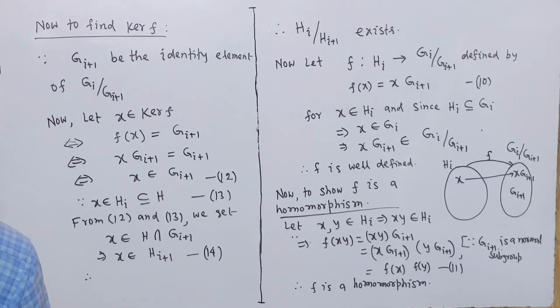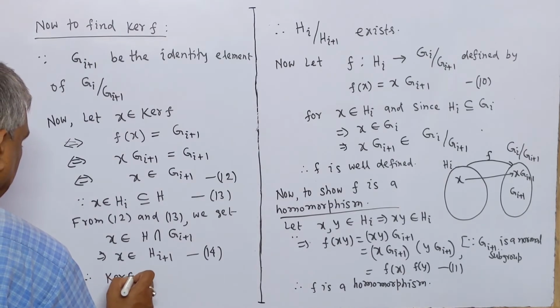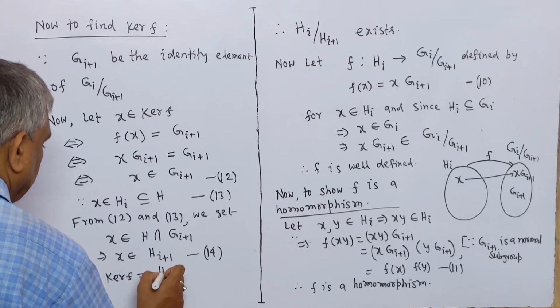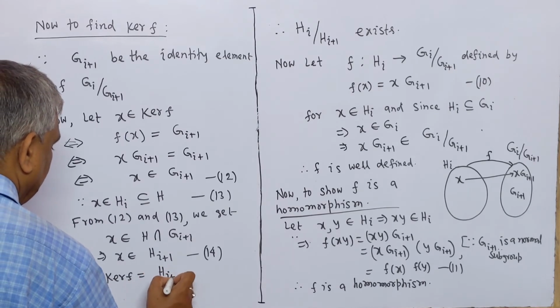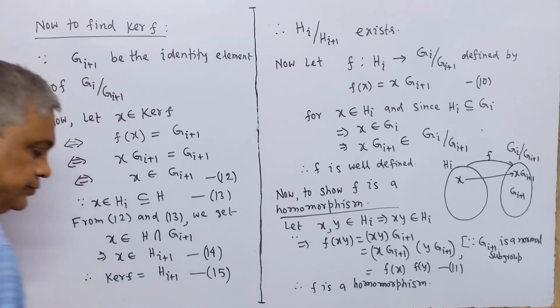Therefore, kernel of f equal to Hi plus 1. This is number 15.